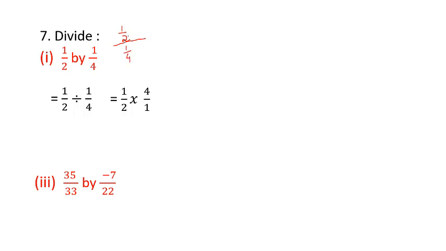Now see, this 2 will get multiplied with 1, and the 4 will get multiplied with this number, that is a by b divided by c by d equals a into d by b into c. So we will use this identity.